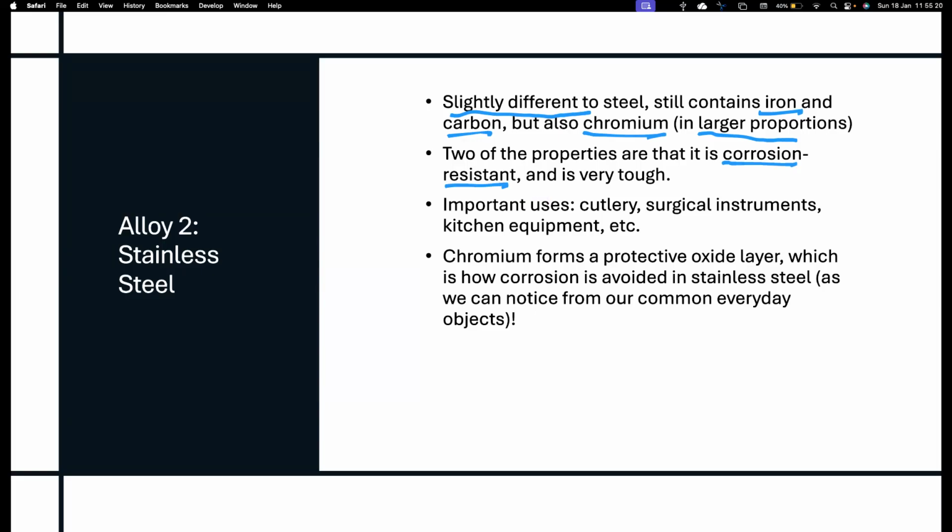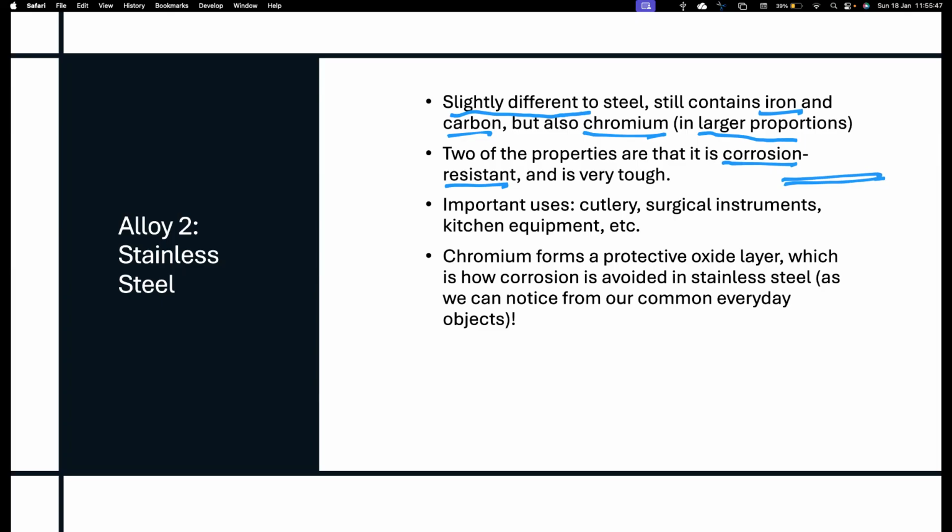Chromium reacts with oxygen to form a thin, protective layer on the surface. This prevents rust from forming, which is why it is so useful in, let's say, cutlery.